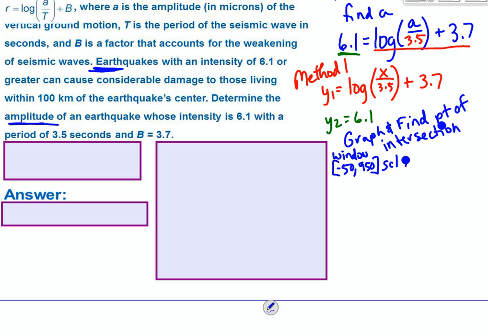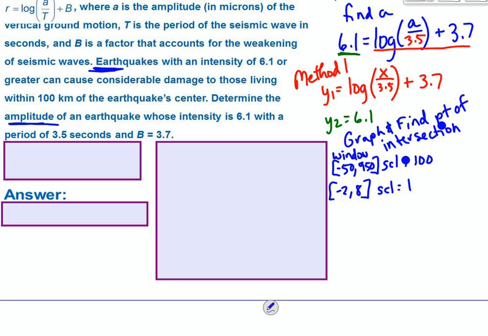And then the y value should be from -2 to 8 with a scale of 1. Then you can find the point of intersection once you get that graph by going second, calculate, intersection, pressing enter 3 times, and then it'll find that.